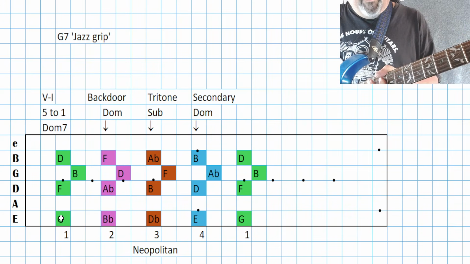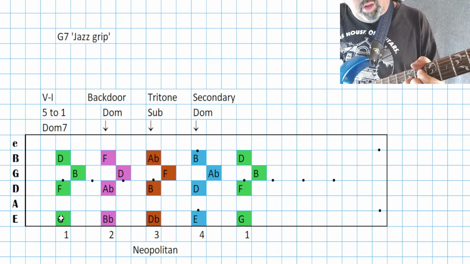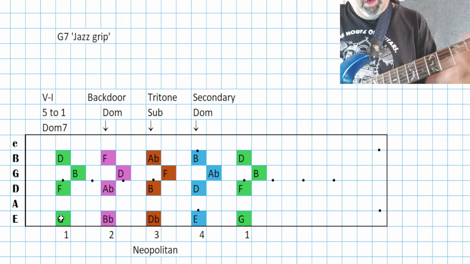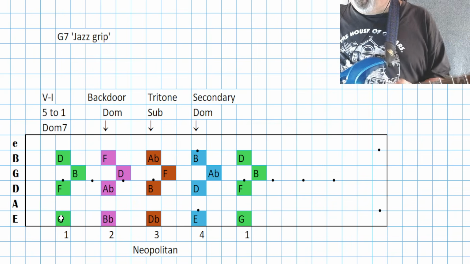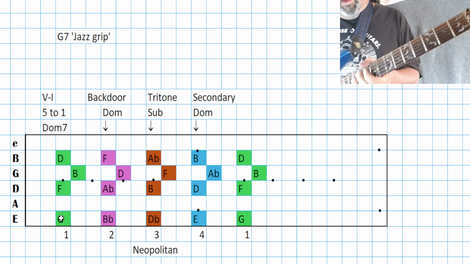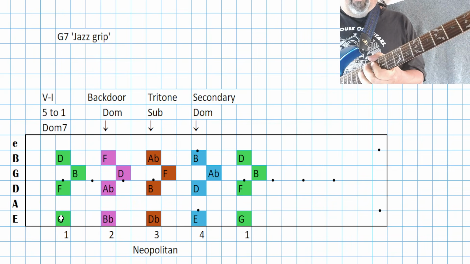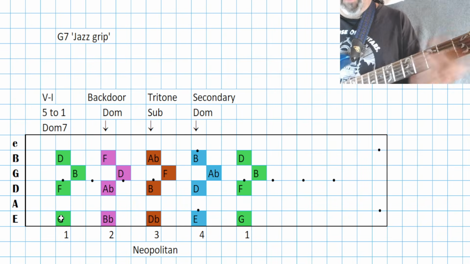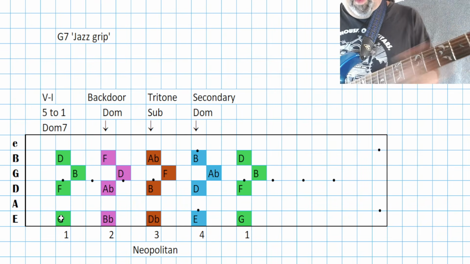So there's a little bit of something needed in between that 2 chord and this substitute backdoor dominant, but you could make it work.